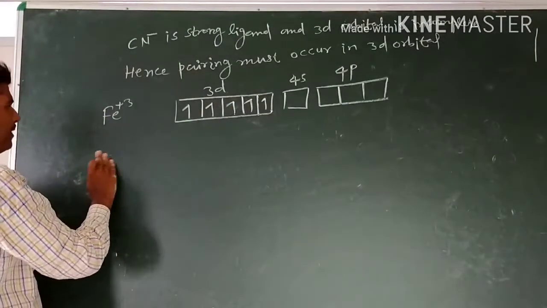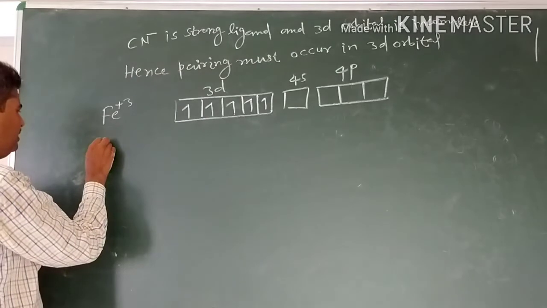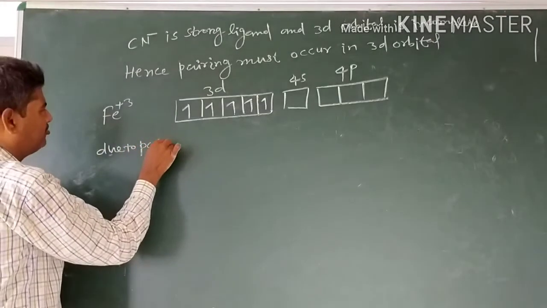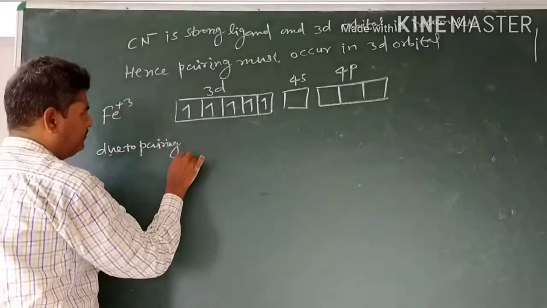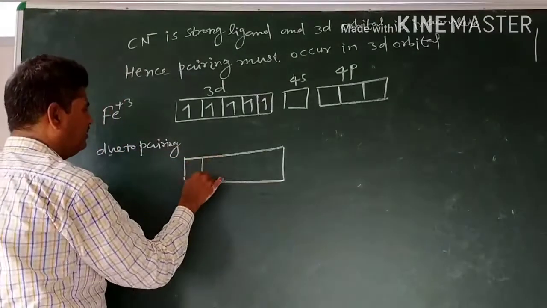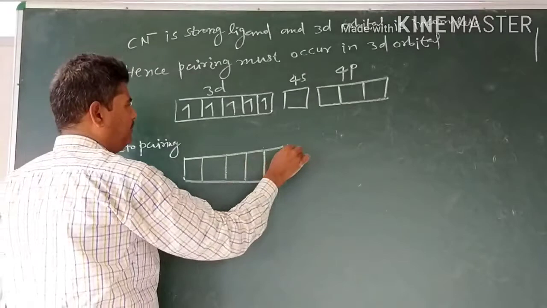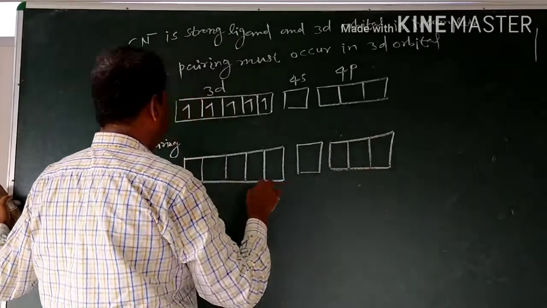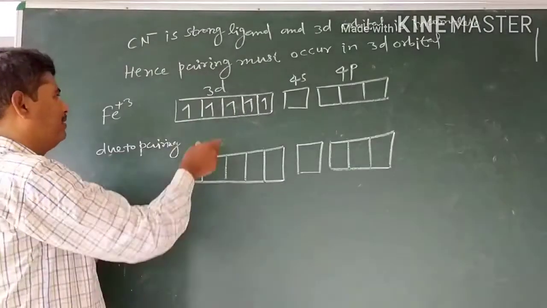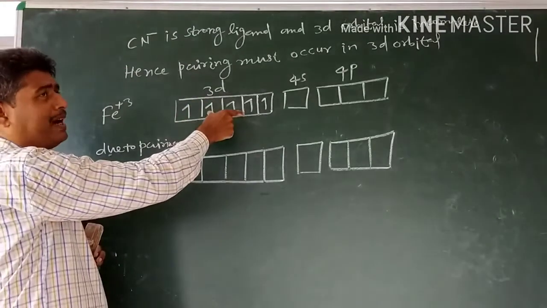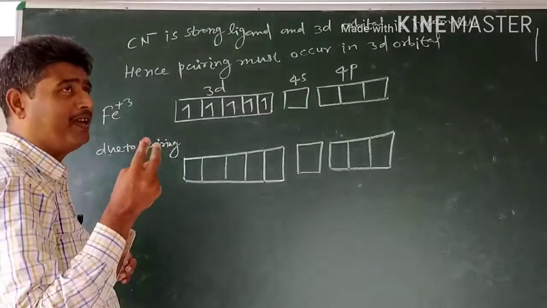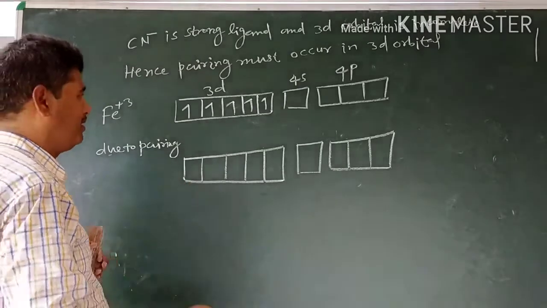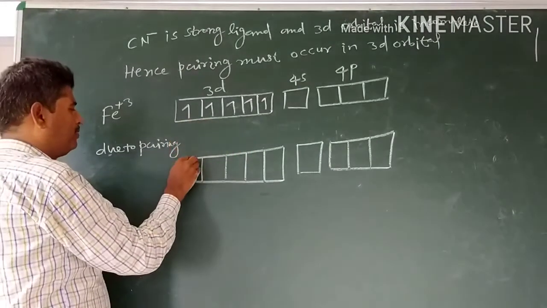Due to pairing, when pairing starts, the 3d orbital will have 5 electrons, and due to pairing two pairs will be set up while one electron remains unpaired.